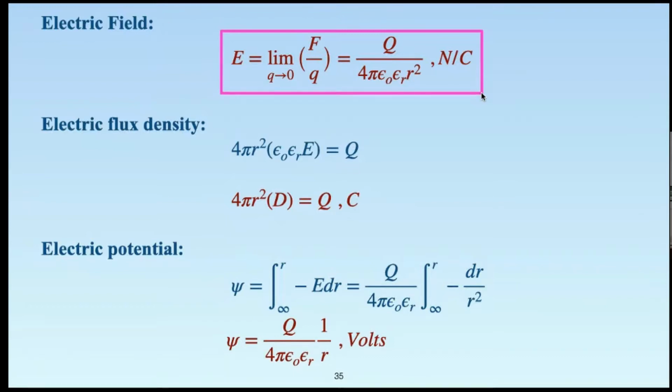So we divide this force expression by small q, assuming small q to be a unit positive test charge. What is realized here is that the expression for electric field reduces to Q upon 4 pi epsilon 0 r square. This is the standard expression. You might have solved several problems related to this in the second year, fourth semester. The unit is newtons per coulomb.